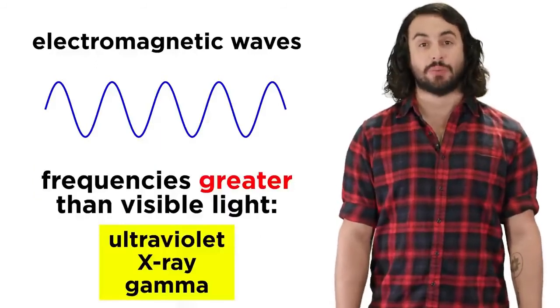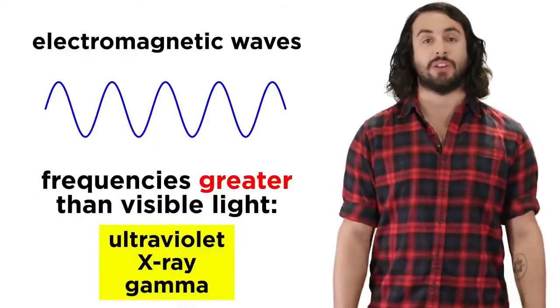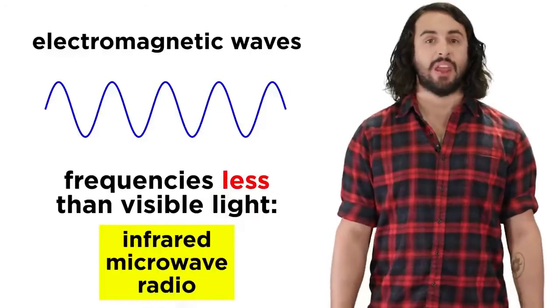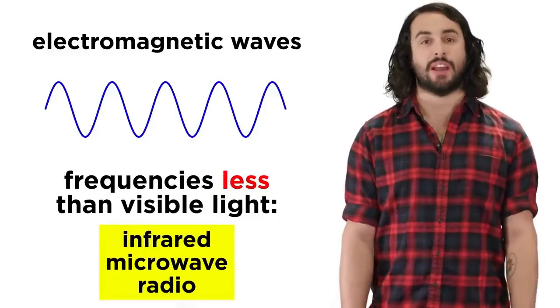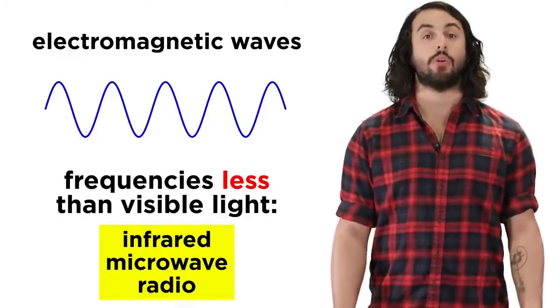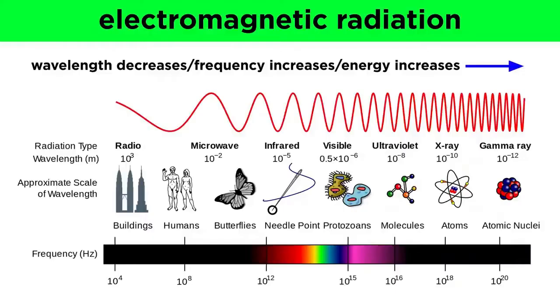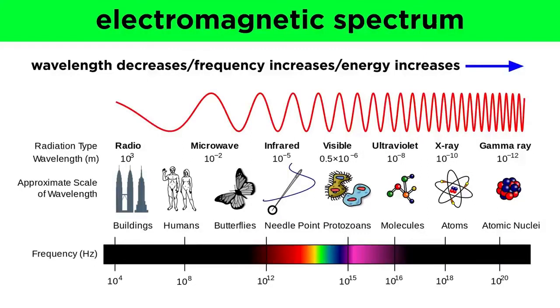Frequencies greater than this will exist as UV radiation, X-rays, or gamma rays, and frequencies less than this qualify as infrared radiation, microwaves, or radio waves. All of these phenomena are collectively referred to as electromagnetic radiation, and they can be found on the electromagnetic spectrum.